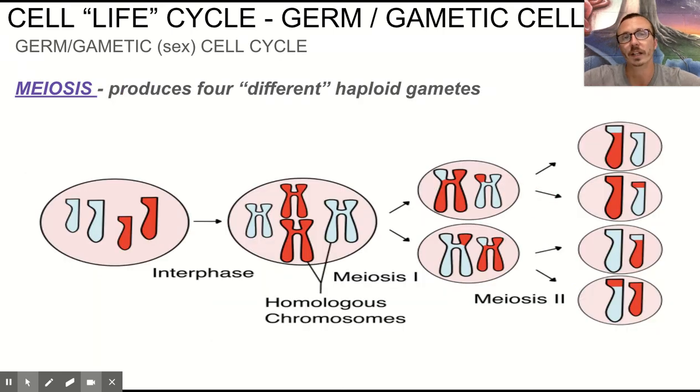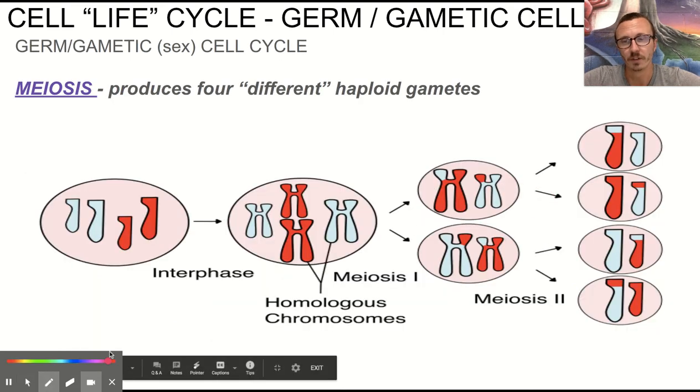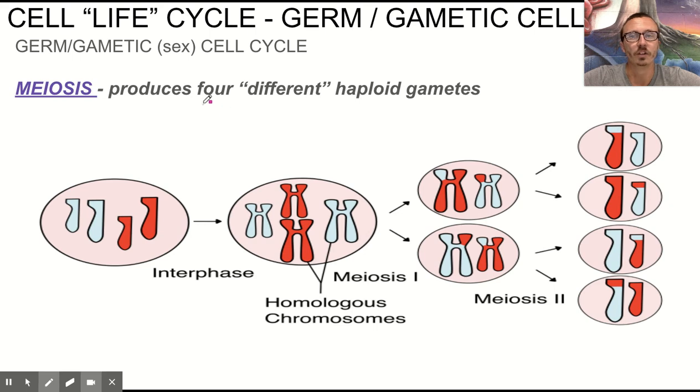And this is really important for you to understand that meiosis produces 4 genetically different haploid gametes, right? So we started off with 46 chromosomes over here, right? This would be a diploid cell, right? It contains 2 copies of each type of chromosome, one from your mom, one from your dad. And then meiosis occurs, right?